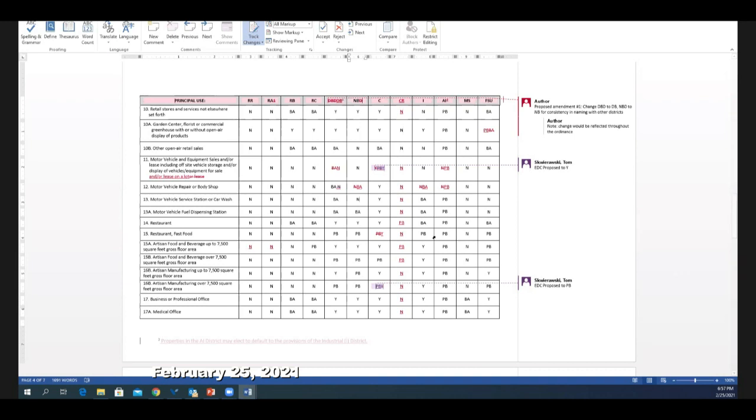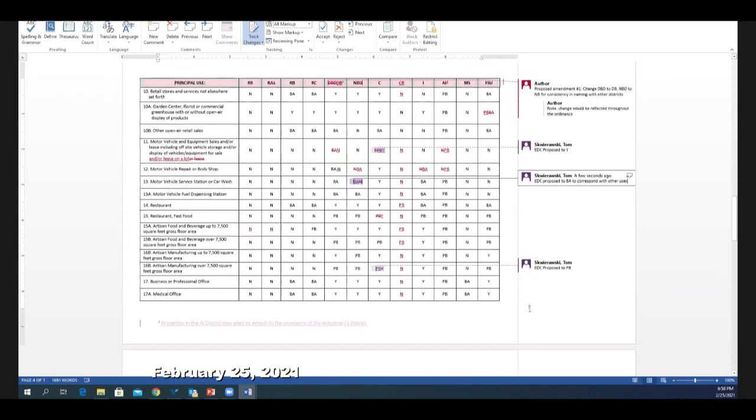I mean, it's kind of like a combo thing in some cases. Yeah, I think that's fair. And it just kind of corresponds with all the motor vehicle uses being Board of Appeals in those districts. Yep, I'm fine with that.